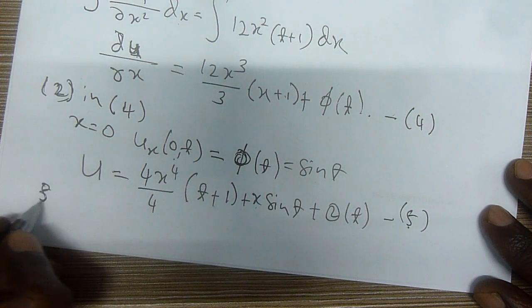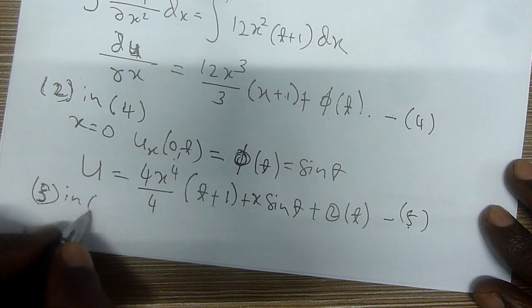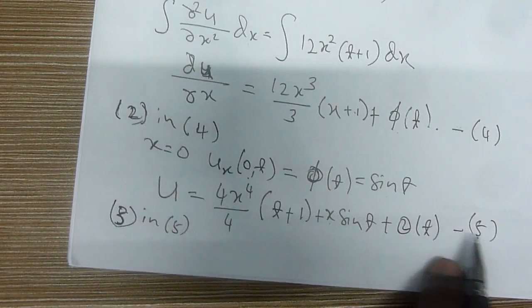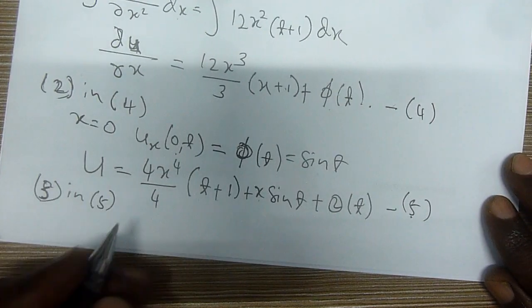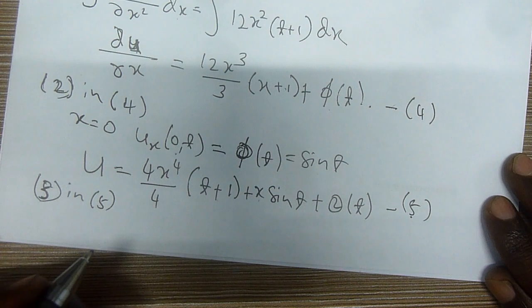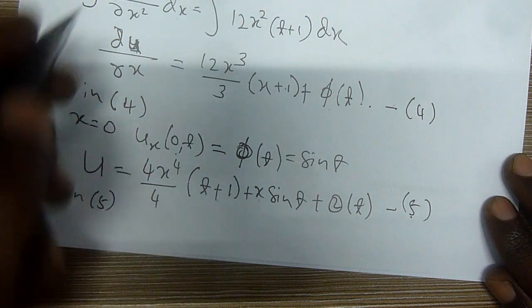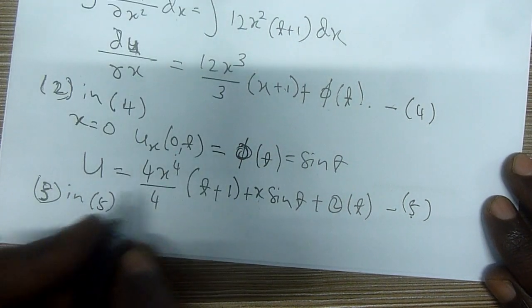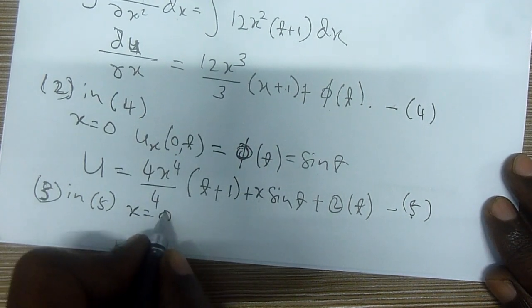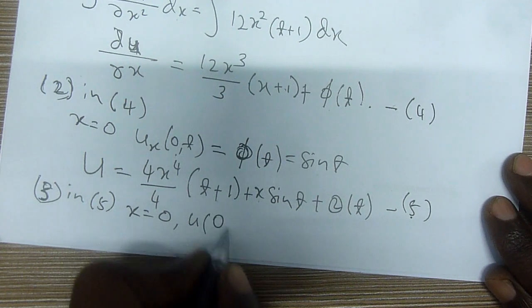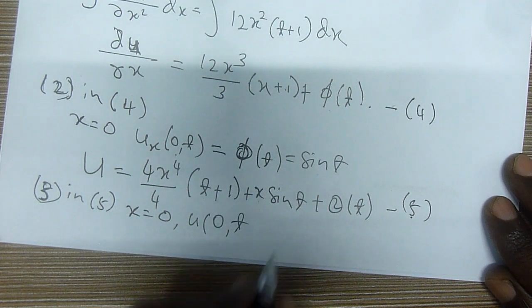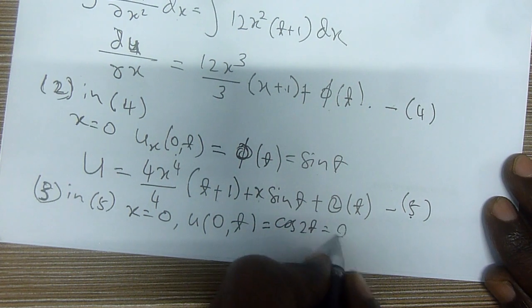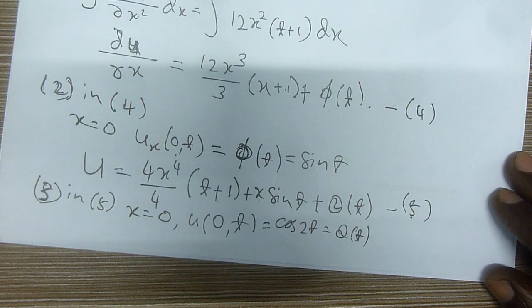Putting 3 in 5, what solution do I get? Again x is 0, so I place the cos 2t there. When x equals 0, u(0,t) gives me cos 2t equals theta(t).